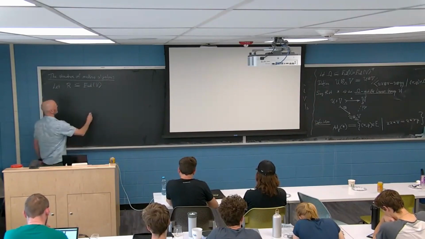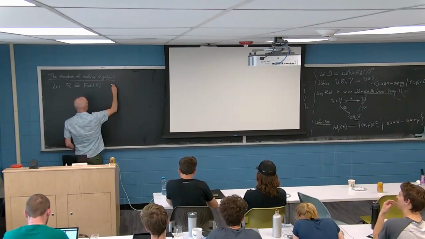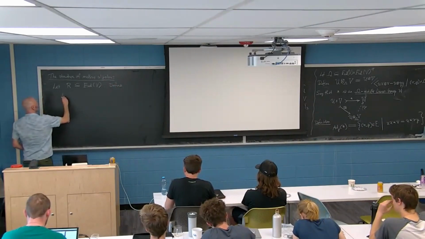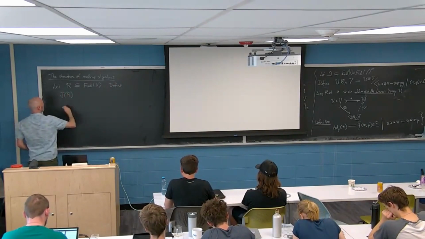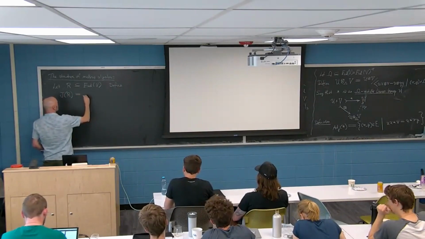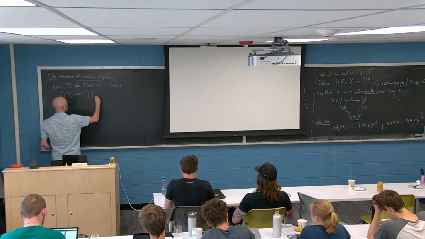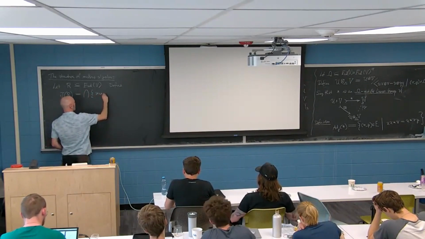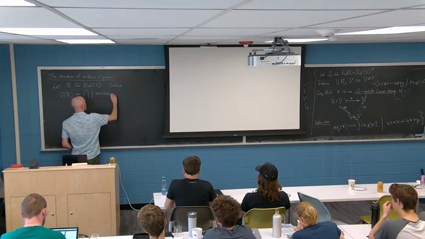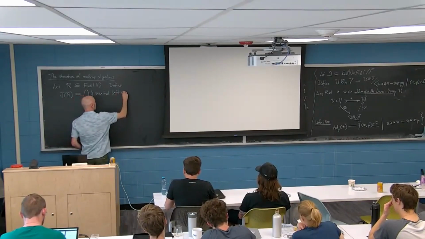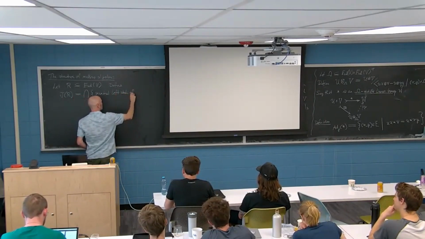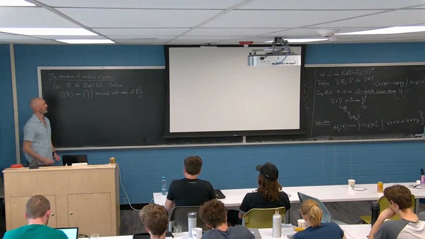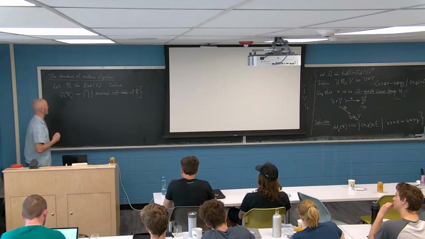And let's define this thing. So you take all of the maximal left ideals of the ring and intersect them, you get something called the Jacobson radical.